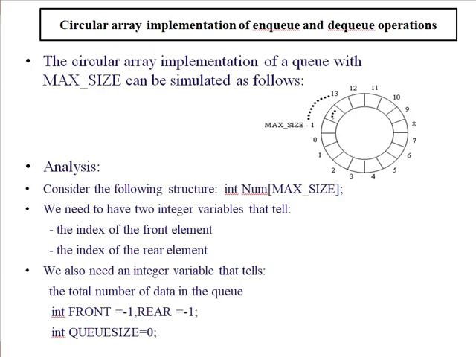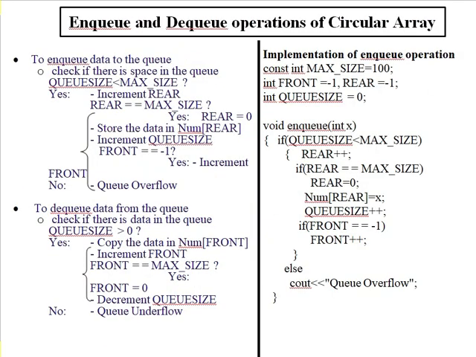So in order to address the problem associated with the simple arrays or the regular arrays, we can use circular arrays. We can implement the circular array so that you can just rotate the front and the rear.